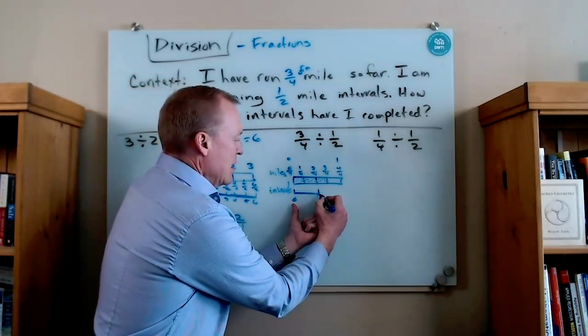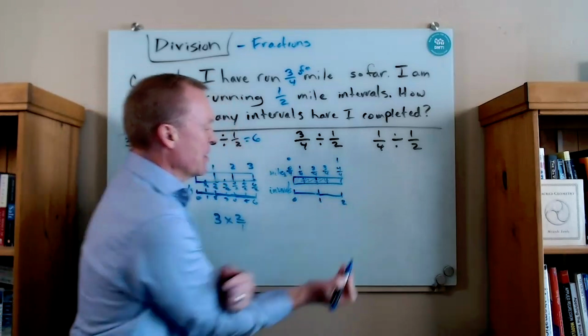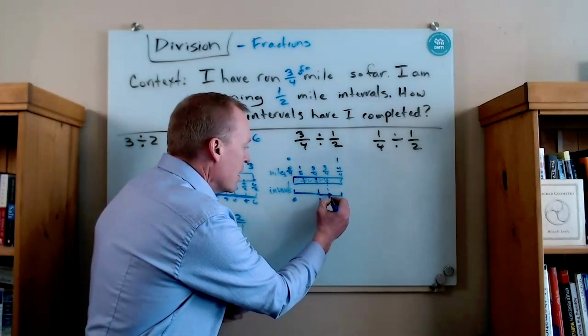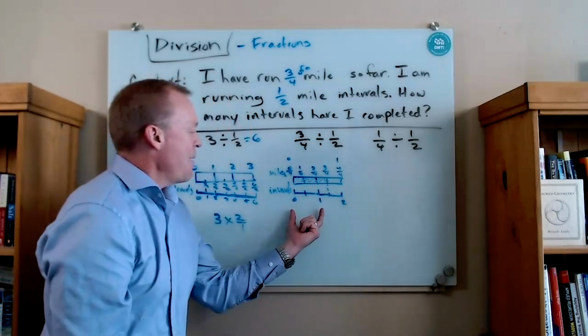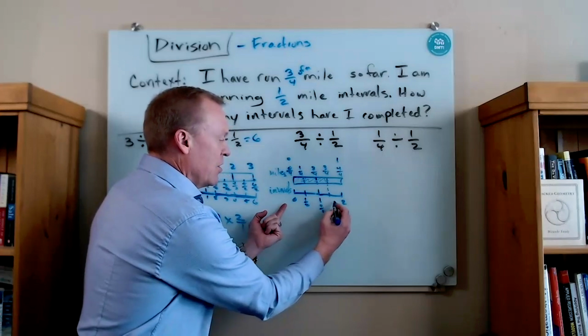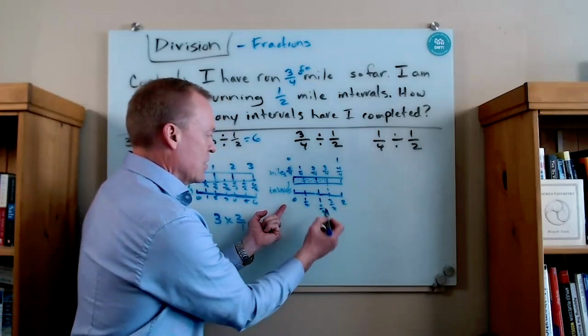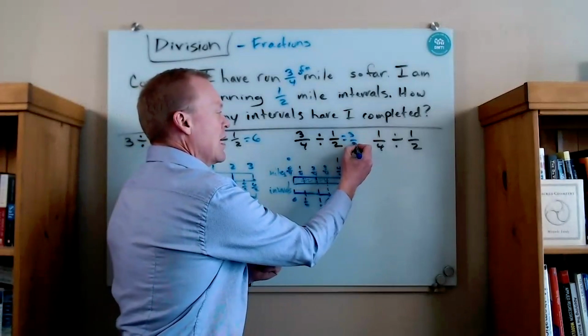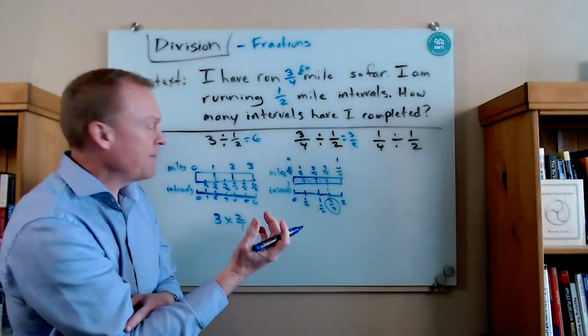If I go again, all the way here is going to be 2 intervals. I've only run 3/4 mile, so here, I partition this to see how many intervals I've run. Here's a 1/2, 2 halves of an interval, and 3 halves. So I have run right there 3 halves, or 1.5 intervals.